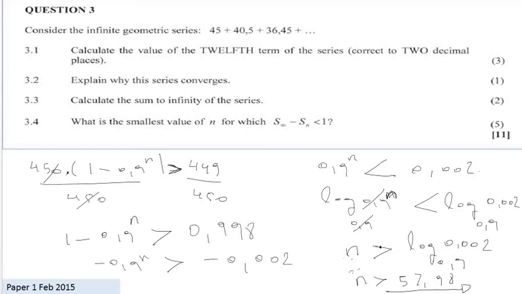We change the orientation of this sign if the base is between 0 and 1, for instance 0.5, 0.6. But if you have a base like, let's say 2, you'll just keep it as it is. Same thing here.